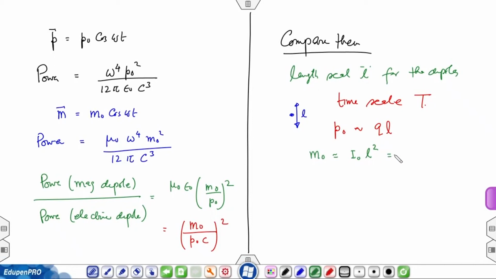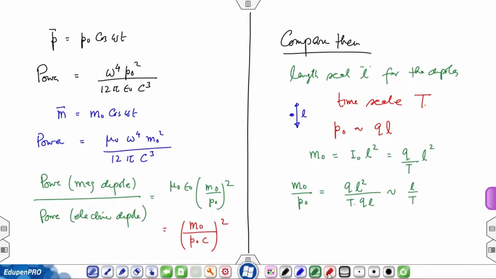So, this is going to be of the order of Q over T times L square, and therefore, m naught over p naught is going to be Q L square over T times Q L, of the order of L over T.